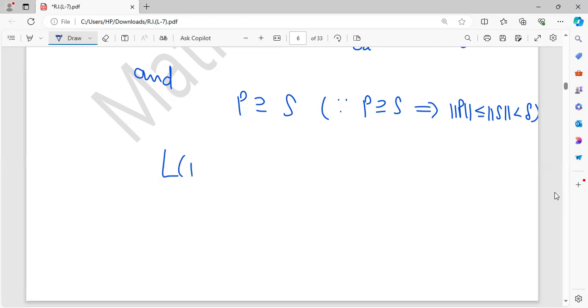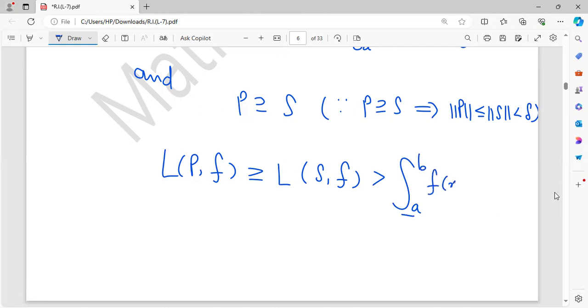So L(P, f) is greater than L(S, f), but this is the integral from a to b of f(x) dx minus epsilon.